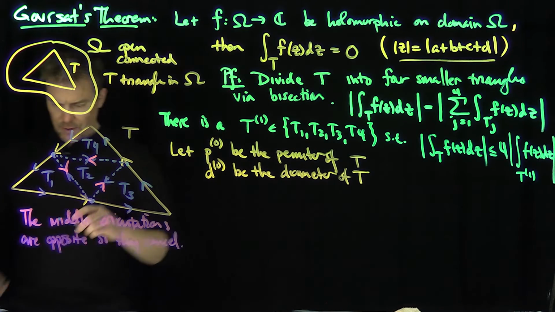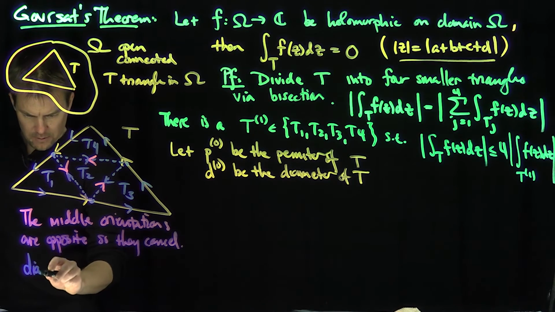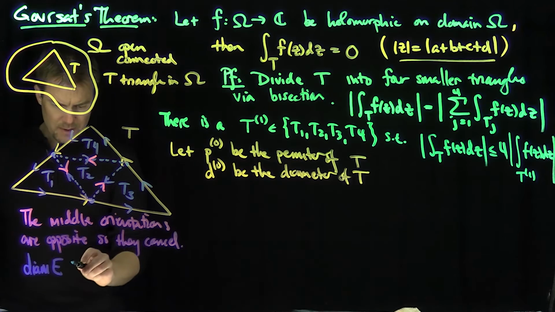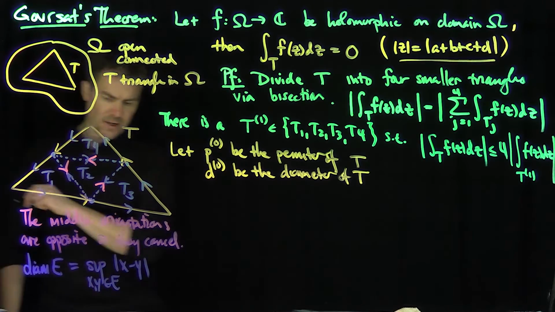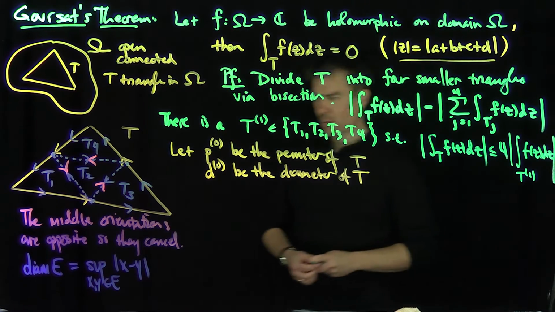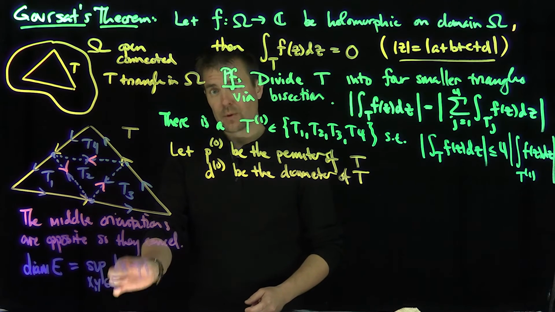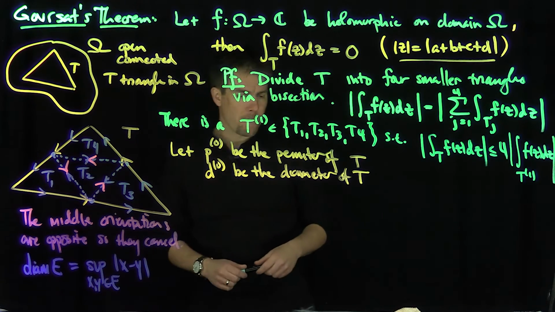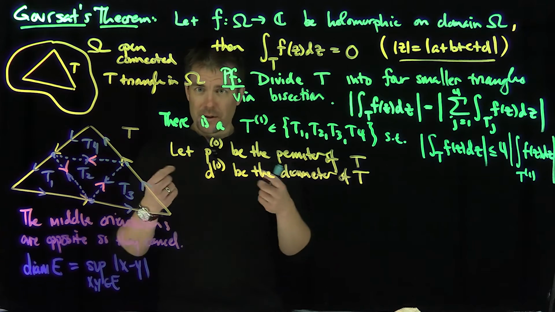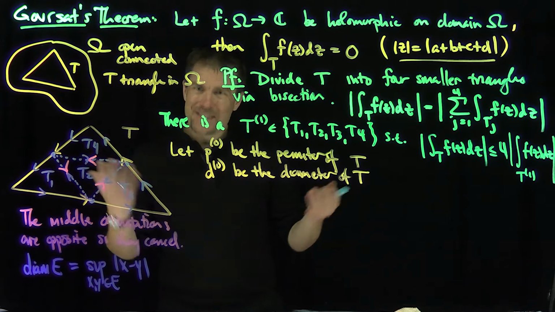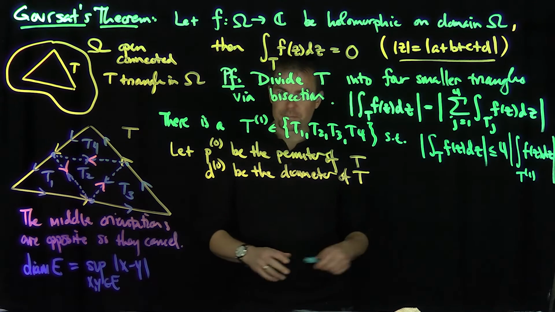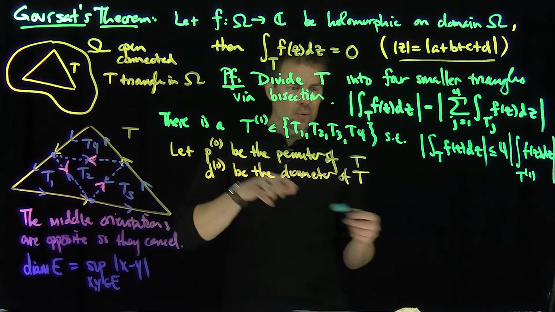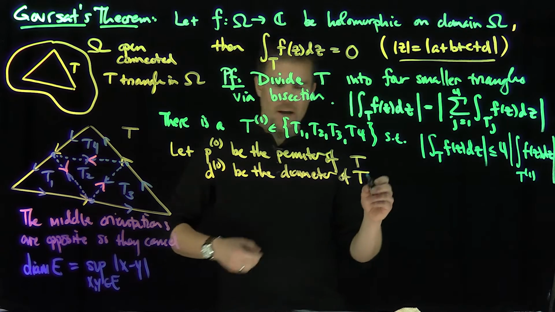So recall, the diameter of a set E is just the supremum over all x and y in E of the absolute value of x minus y. That's what the diameter of a set is, okay? In other words, if you don't like supremum, it's the maximal distance between 2 points in the set. That's all, right? Okay. So in other words, the diameter of a circle is its diameter, right? There's a generalization of the idea of diameter from a circle to an arbitrary set. Okay. Good.